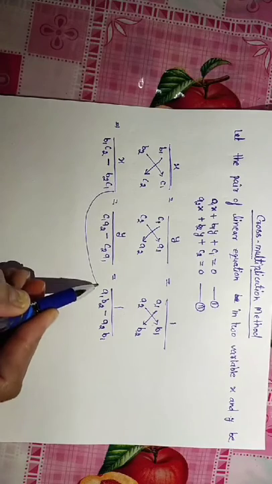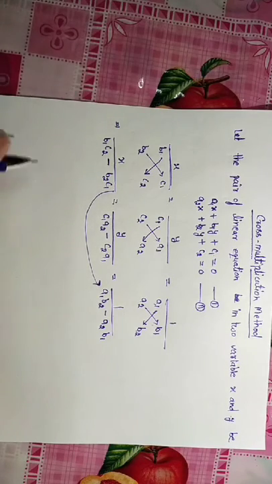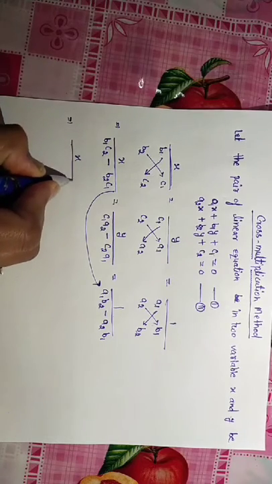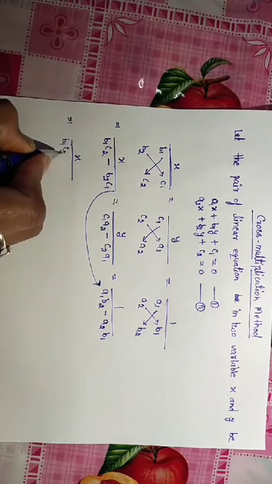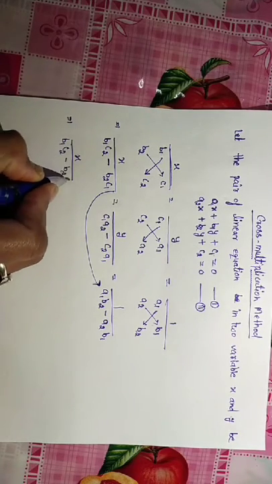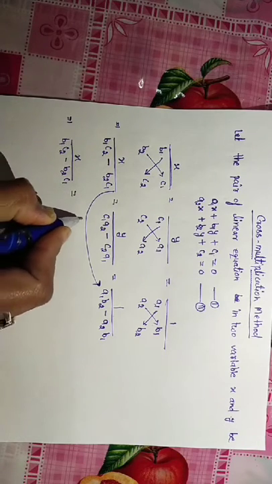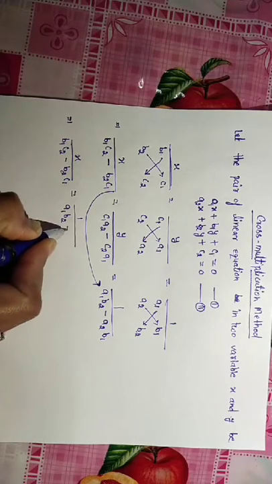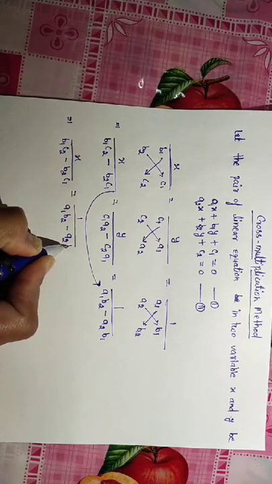Now we compare x upon this term for finding the value of x. Now we write x upon b1 c2 minus b2 c1 equal to 1 upon a1 b2 minus a2 b1.